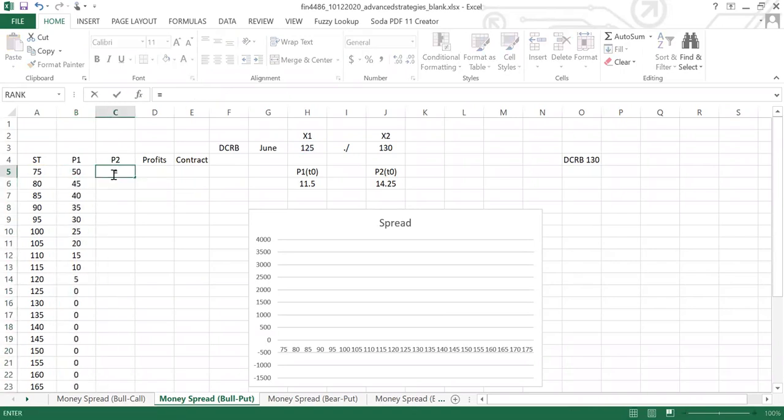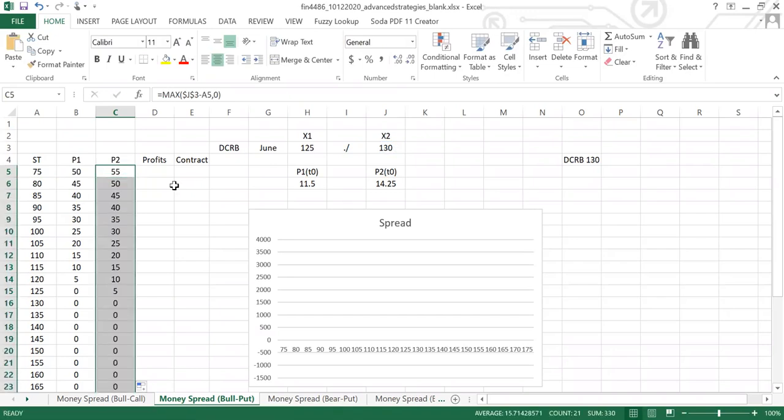And then P2, that's the put option that has strike 2, or in other words, the put option that has the high strike. So max of strike 2, and we lock this one, minus the stock price, or 0. And we scroll this down again.